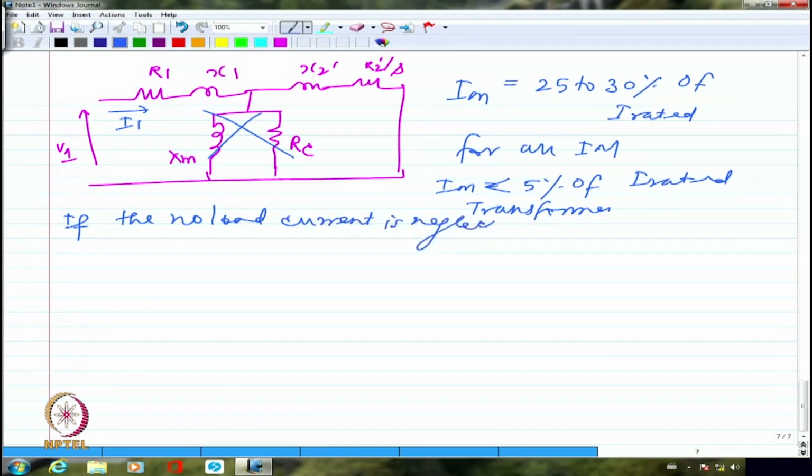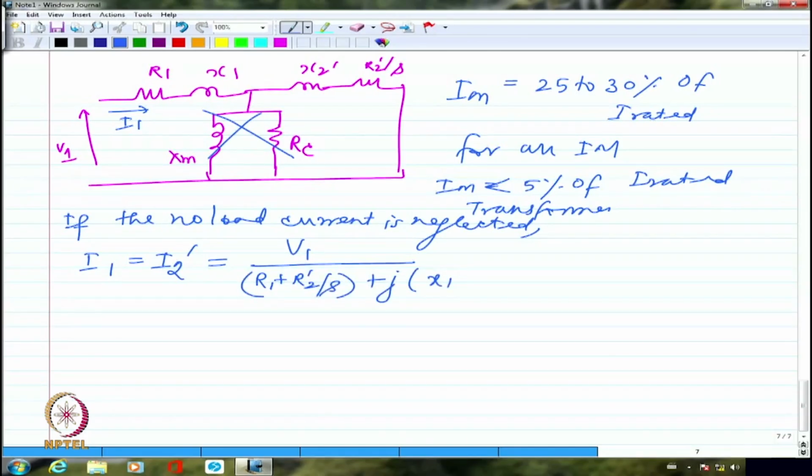I can write I1 equal to I2 dash, which is V1 divided by the resistance component plus inductance component.